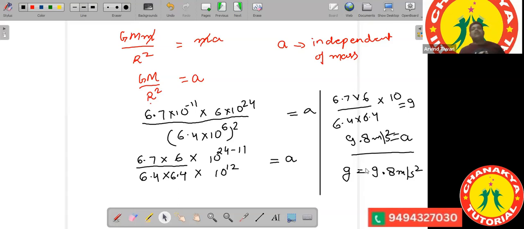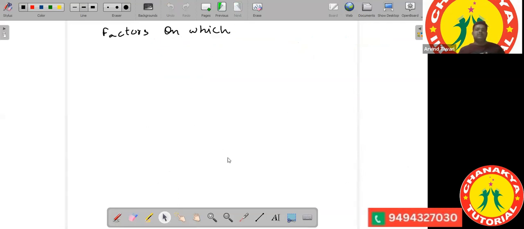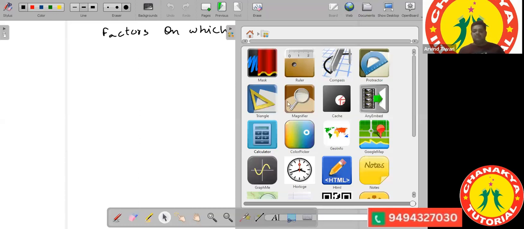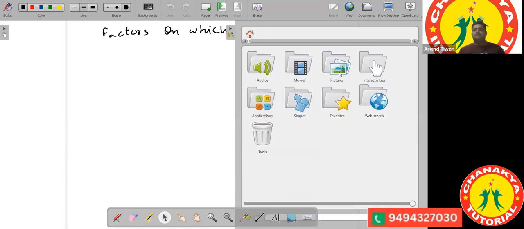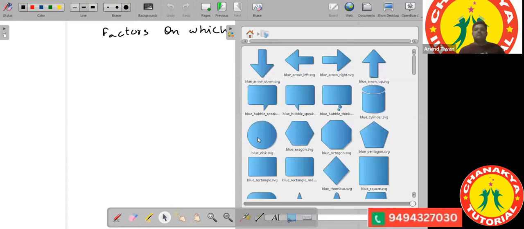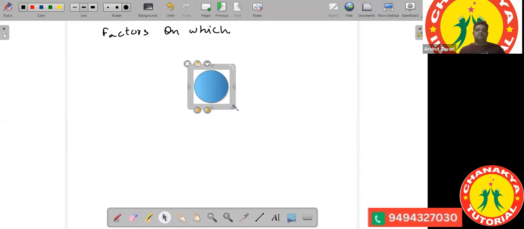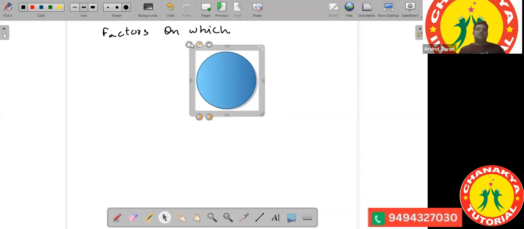Also, it may differ from the value that we have calculated for Earth. Similarly, if an object is lying on the moon, its value will be something different. So suppose now you go to the moon.